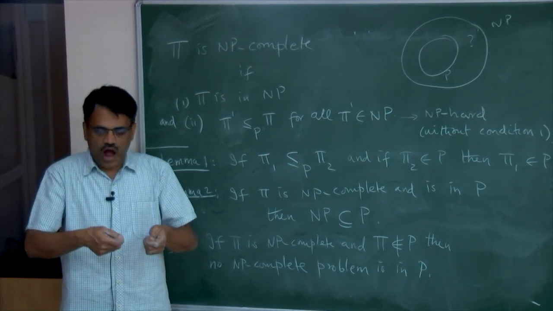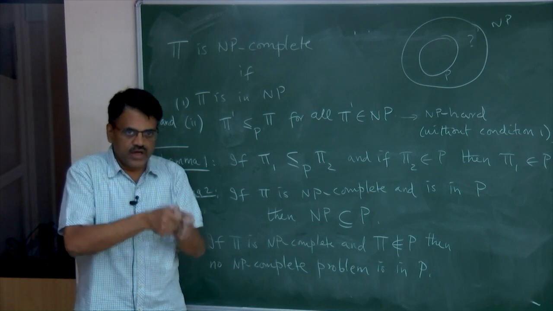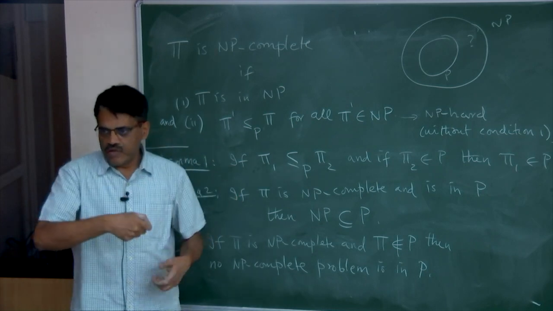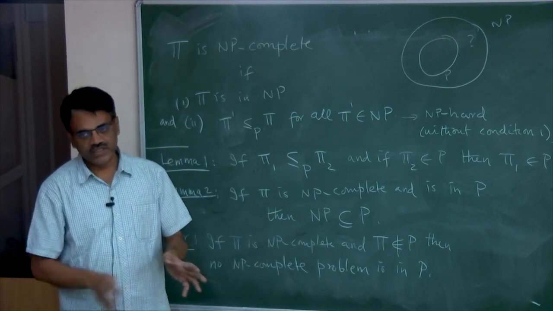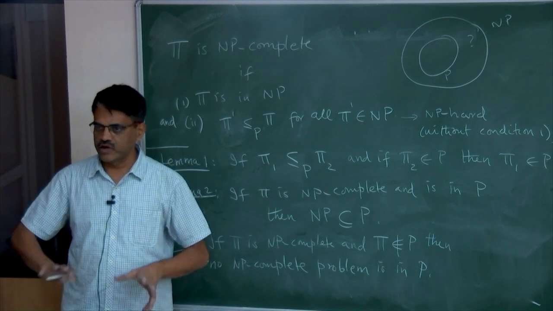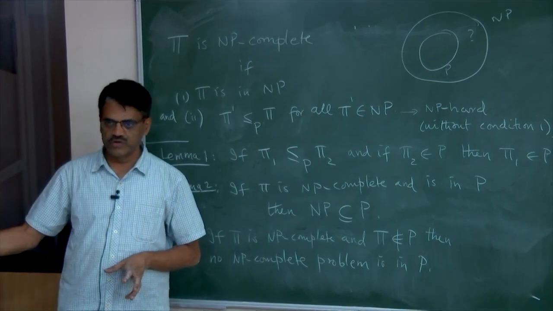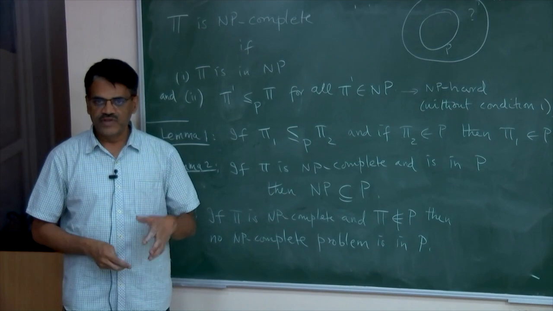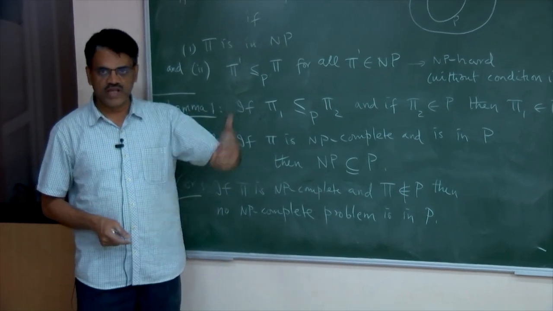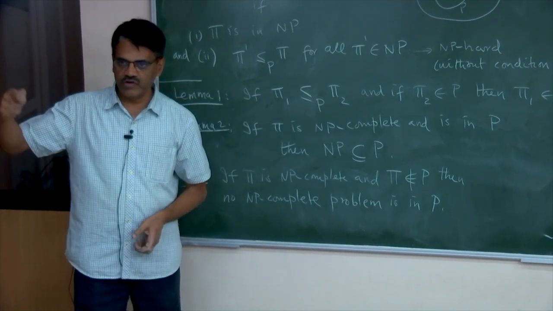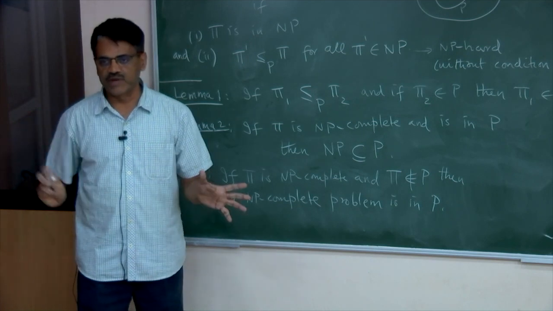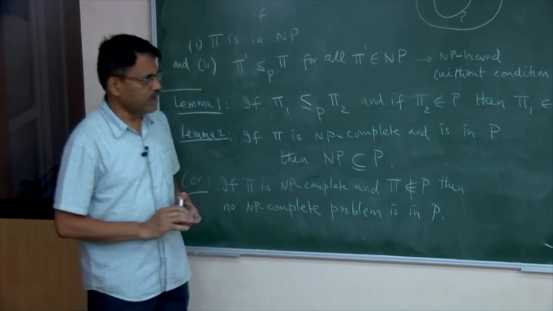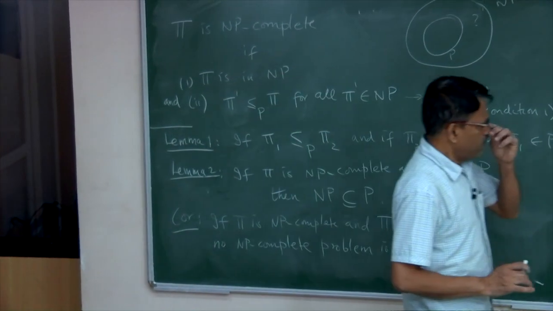You show that you can encode the whole computation into a formula such that you have an accepting path if and only if there is a satisfying assignment. That is what they showed.